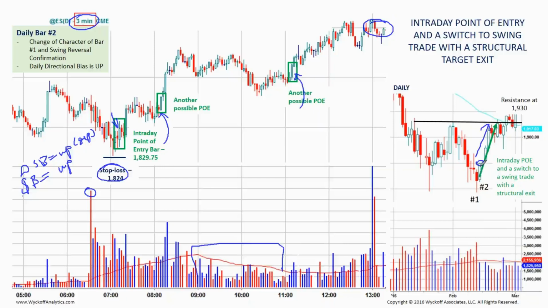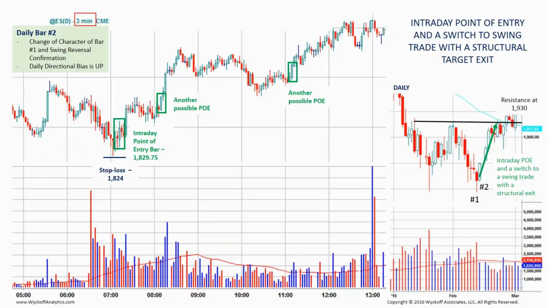This was a reversal day. So again, could we open the position, or could we switch to the swing trade? Yes, we are satisfying the reversal significant bar. It's near support, and structurally, we have a bias to the upside. So that was a perfect day and the perfect intraday to the swing trade switch.